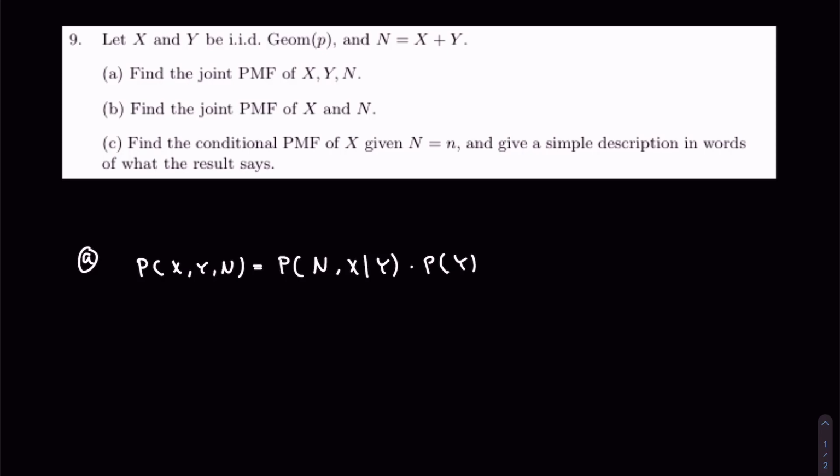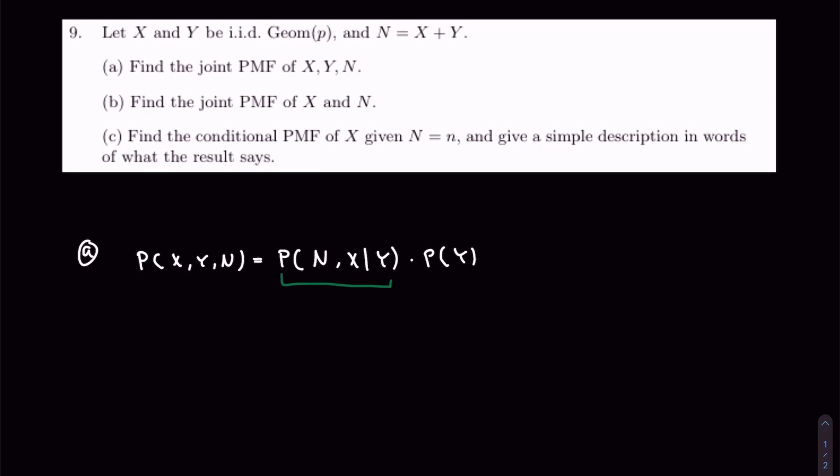And then we can condition this further by writing N conditional on X, Y, X conditional on Y. Because of the fact that we have already conditioned on Y, we have to condition here.